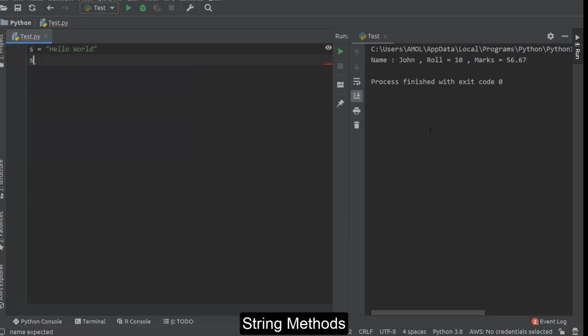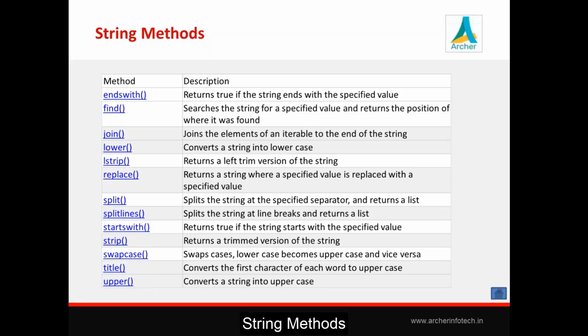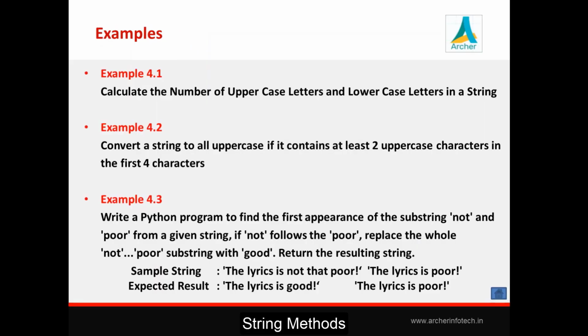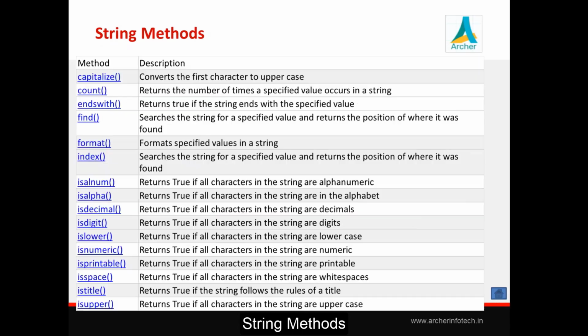Suppose I call the method upper: this is a parameter of this method, and this is the return type of this method. You can understand what exactly a method is doing by its name, like upper. That means there is no need to remember these methods, what the name of the method is and what exactly it is doing.